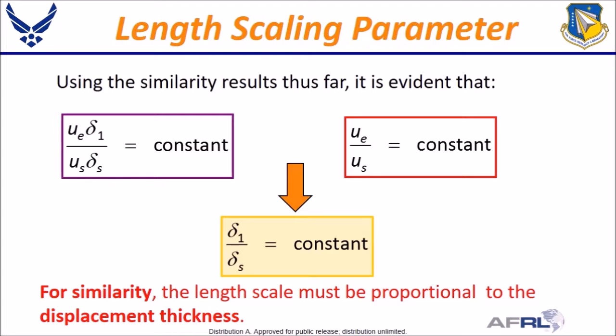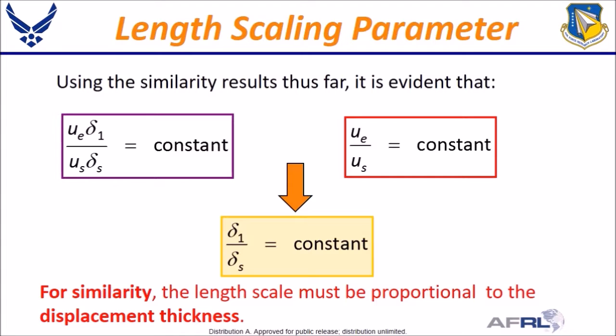This is regardless of what type of fluid is flowing along the wall. It doesn't matter if it's non-Newtonian, turbulent, transitional, laminar. It does not matter. Delta 1 and U sub e will be the similarity scaling parameters that work.